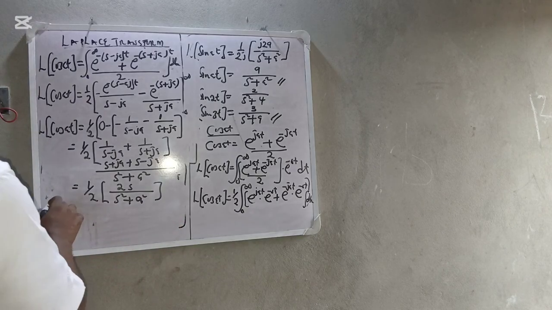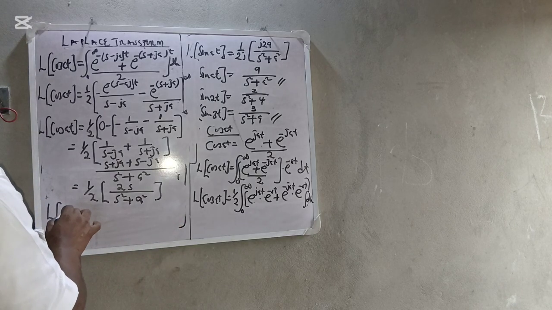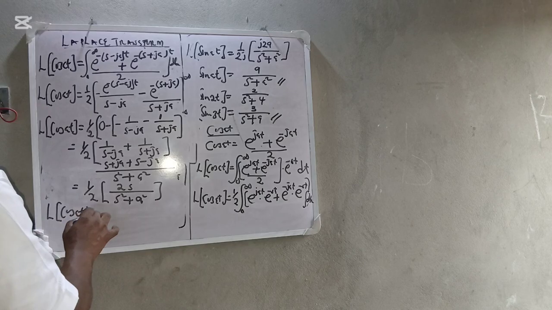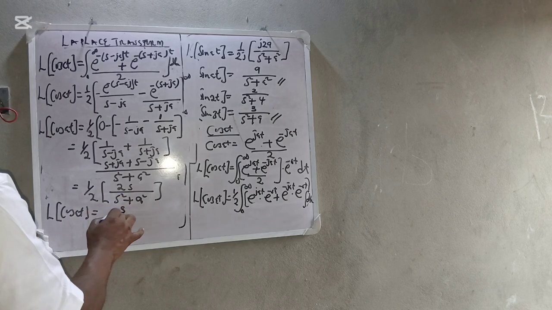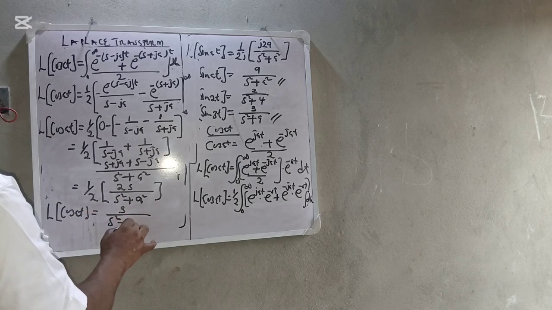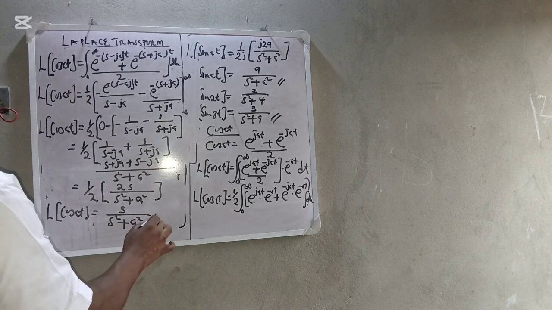So the Laplace transform of cos at is equals to s divided by a squared plus this.